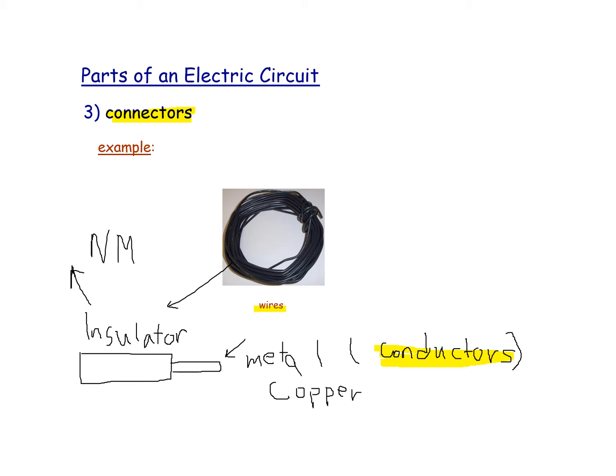So outside here it's plastic. Insulator, not good for electricity. Because if you touch the metal with your hand, you get electrocuted, right? That's why they put the plastic around it. So if you touch it, you don't hurt yourself. So all wires, inside metal, outside insulator to protect you.